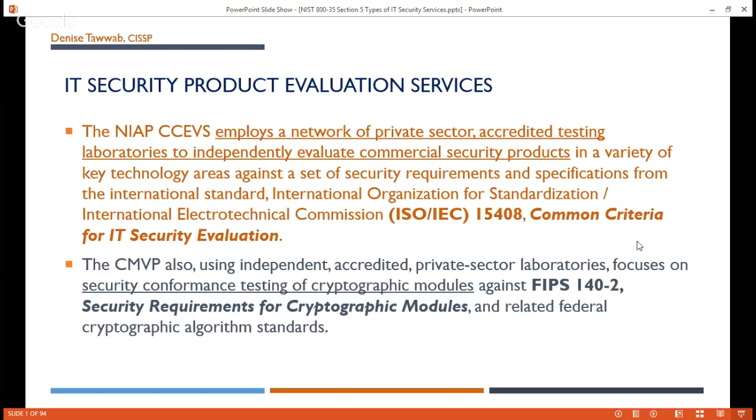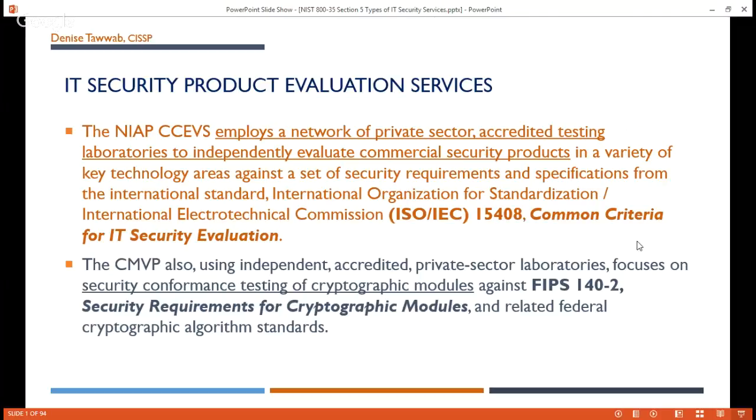Okay, the CCEVS, Common Criteria, not common controls, employs a network of private sector accredited testing labs who independently evaluate commercial security products. So when you're looking at a commercial security product, one of the things you're going to look at is whether it's on a validated list.